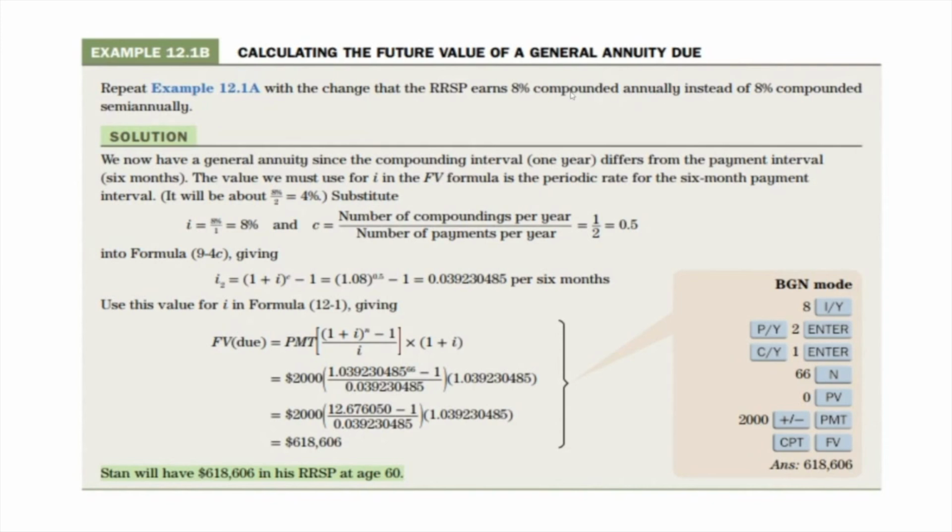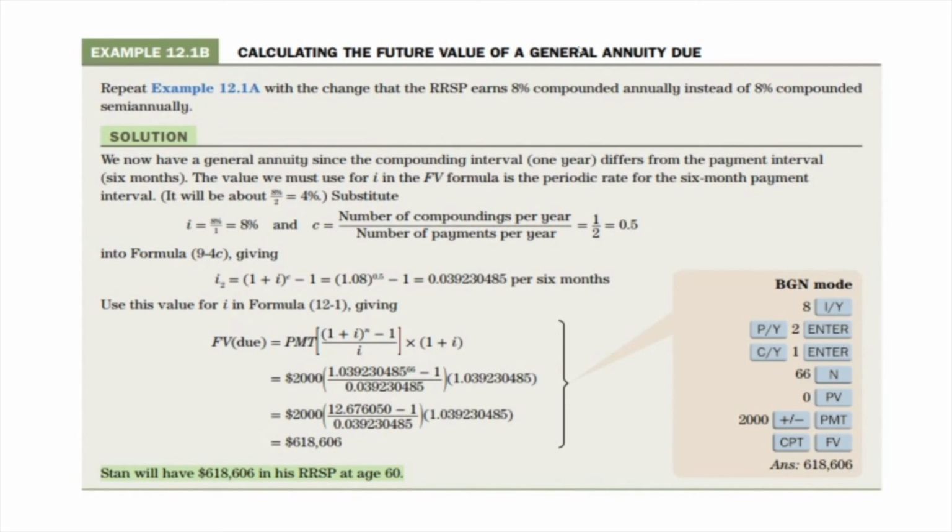This is the difference here. We're changing that. So the compounding period is annually, and the payment is semi-annually. If we look at it, the payment is one type of payment stream, and the compounding is another type of stream. This is by definition a general annuity.